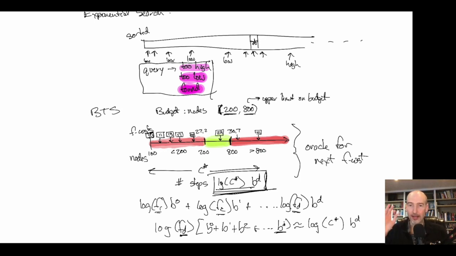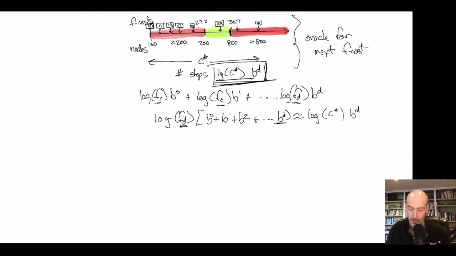Okay, so let's step back a little bit. What do we have? We have an oracle for choosing the next f cost. Let's actually write down how this works. We're going to divide BTS, budgeted tree search, into phases. The first phase is we're going to search with a conservative f cost, a minimum f cost that is less than the previous search, and we're going to use an infinite budget.